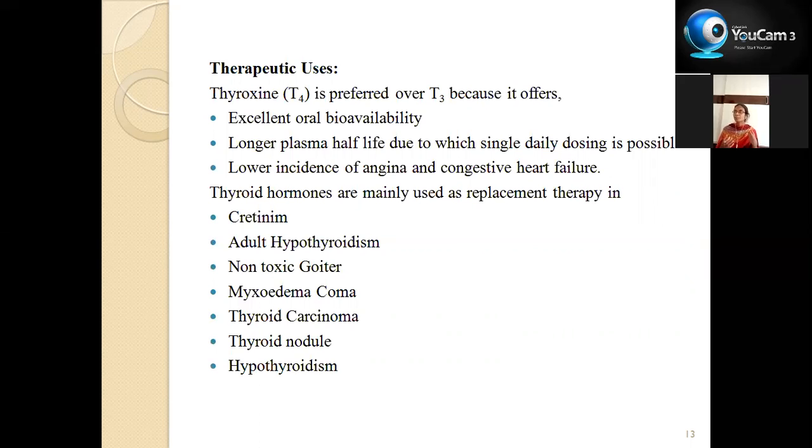Means only a single dose is enough for a day, and there is a lower incidence of angina and congestive heart failure compared with the T3. Thyroid hormones are mainly used as replacement therapy, like adult hypothyroidism, non-toxic goiter, thyroid carcinoma, and myxedema coma. So for this replacement, it has been used.